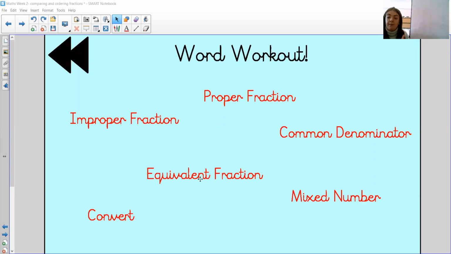Common denominator is what we use when we try to get our denominators to have the same value. That's using your equivalent fraction knowledge so that you can find a denominator that will link two fractions together. That's using your multiple knowledge.